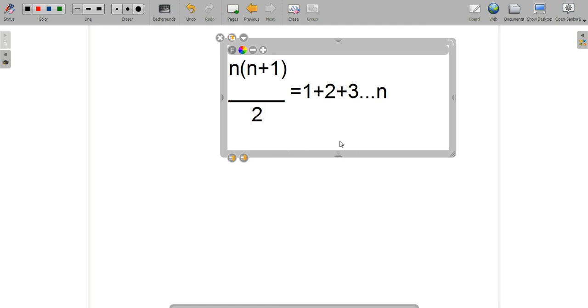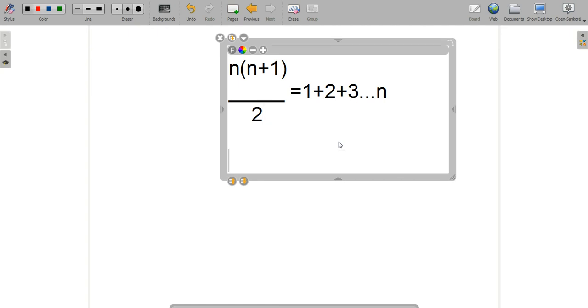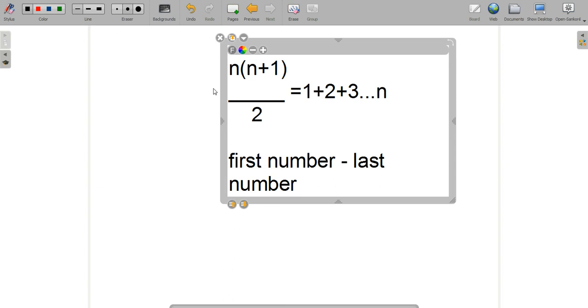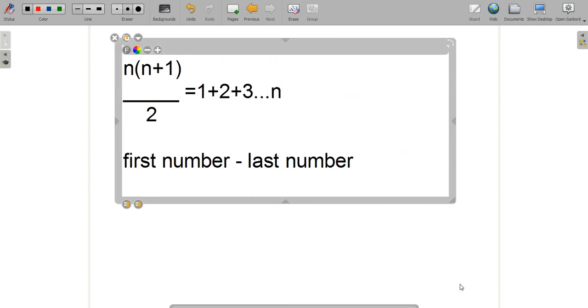And the second thing, it's basically, what was it? The first number minus your last number raised to an extra power.